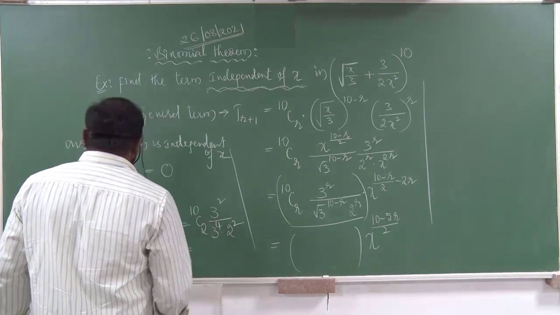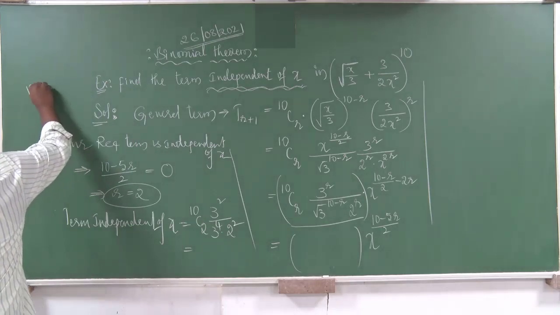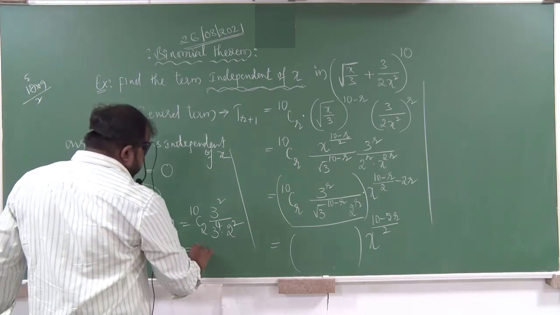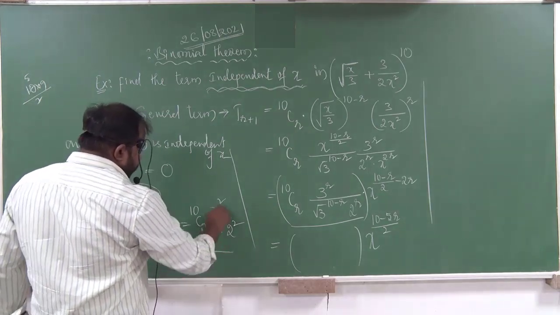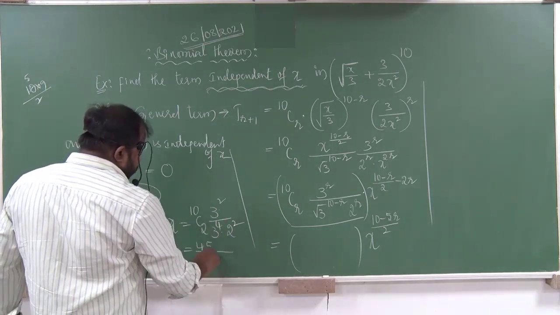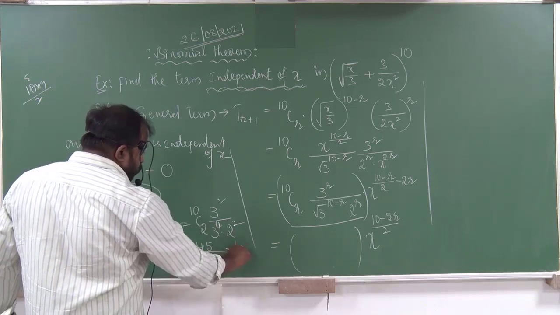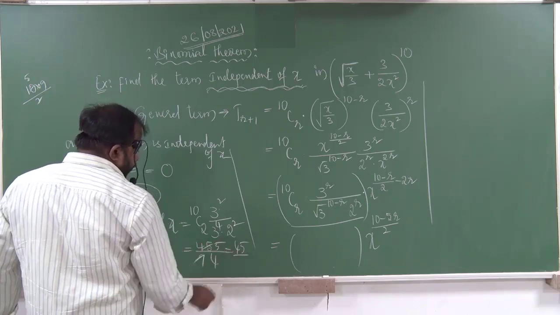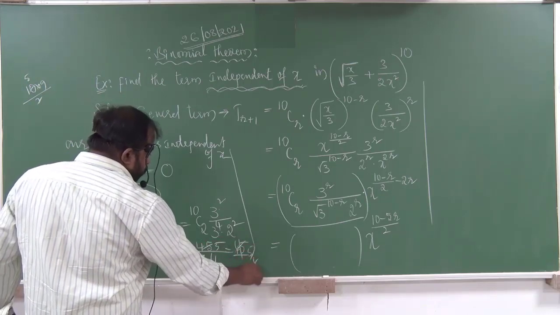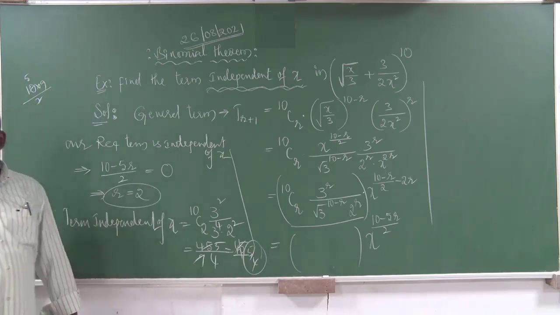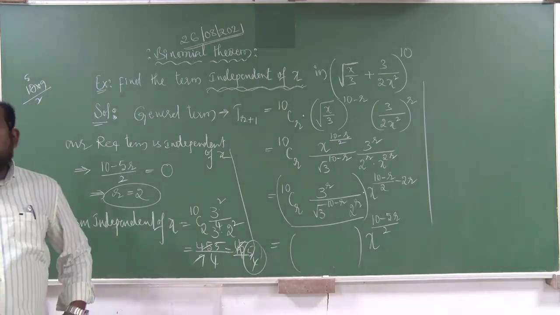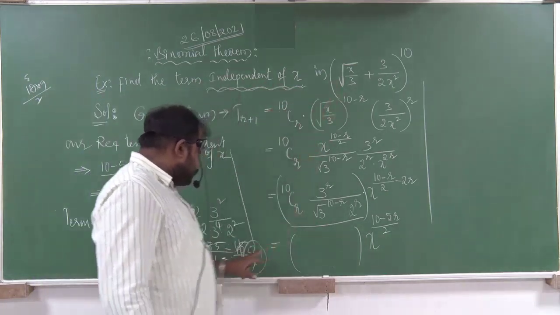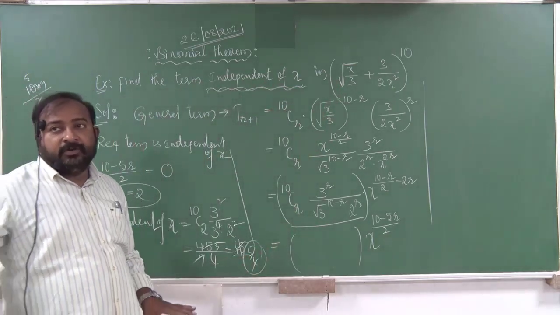What is the 10c2 value? 10 into 9 by 2, so 10c2 value is 45. 45 by 3 square 9 into 2 square 4, which is equal to 45 by 9, that is 5 times. So total you will get the value 5 by 4. So the term independent of x in this expansion is given by 5 by 4.